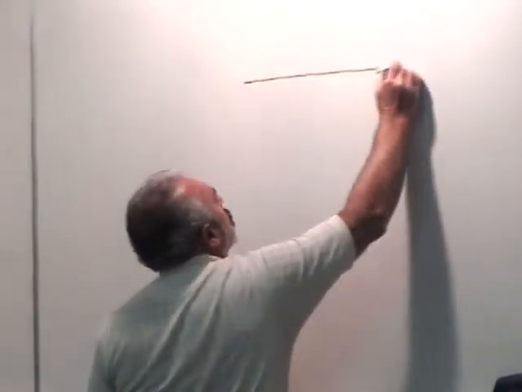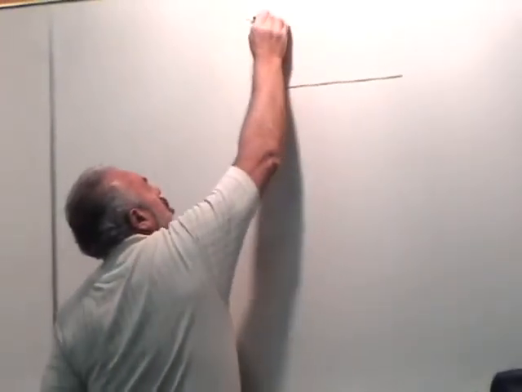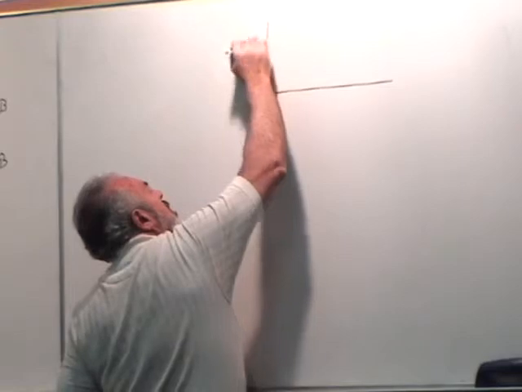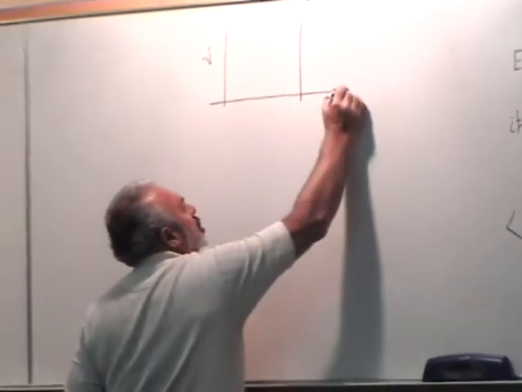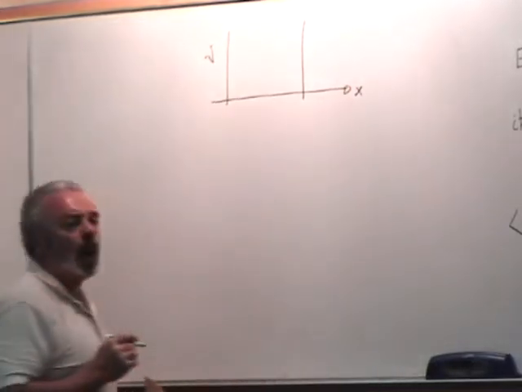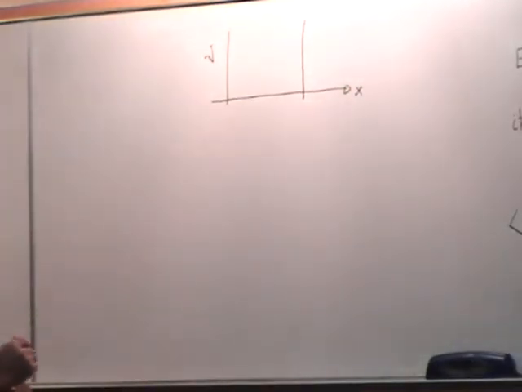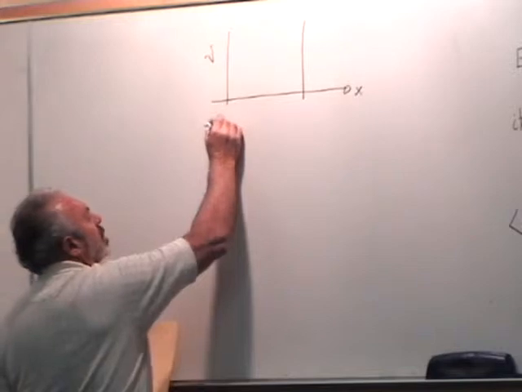Okay, so let's remember the particle in the box. I'm going to redraw the box now because it is a one-dimensional box. This is the potential, V. This is space, and we're going to be a one-dimensional box, so space is x. This is where x equals 0.